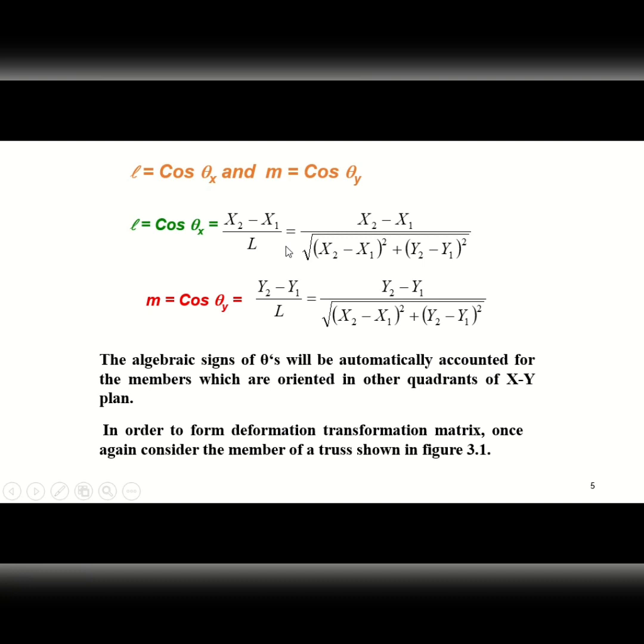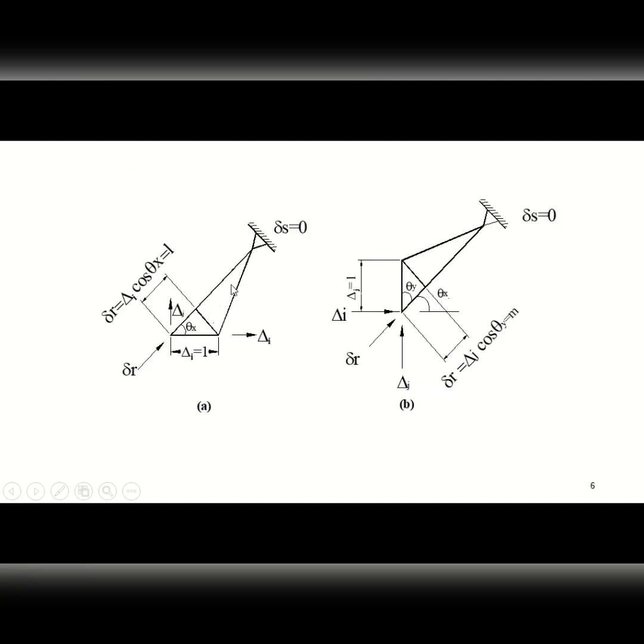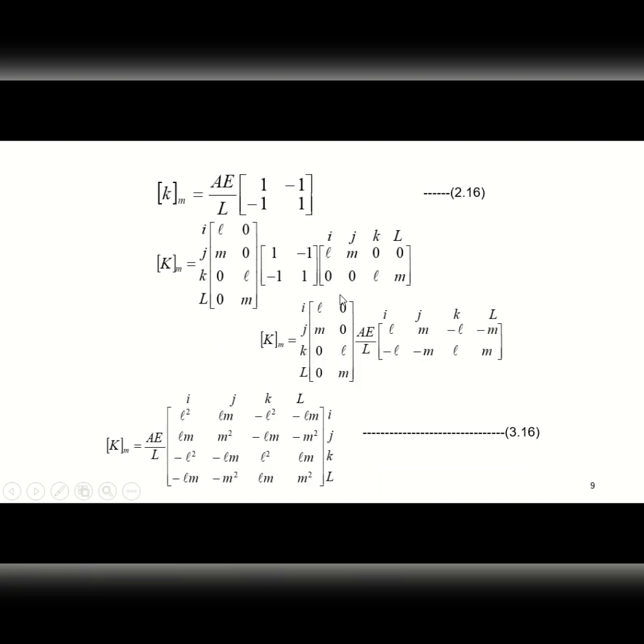If you want to know how these formulas come about, you can see the derivation, which is available in a structural analysis book; I have given the link in the description. So just remember these two formulas: l is equal to cos theta, x2 minus x1 over L, for the horizontal component, and m is equal to cos theta, y2 minus y1 over L, for the vertical component. This is how these formulas come.